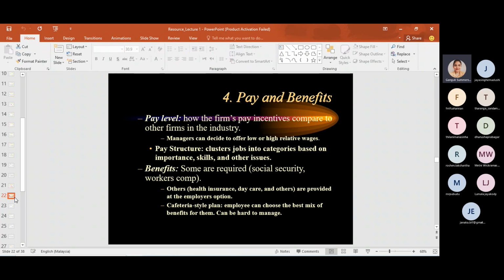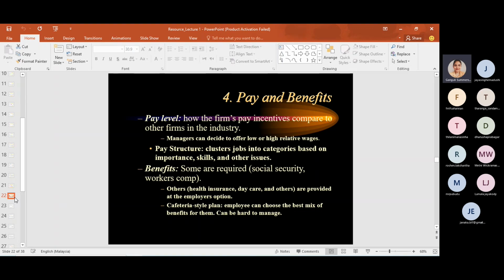So when it comes to benefits also, some organizations have this plan called cafeteria style plan. In this plan, employees can choose the benefits that they like. The organization has mentioned the kind of benefits that they can provide, and from that list, you choose the benefits that you like to have.